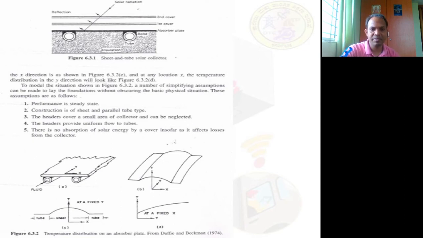This is the fluid which is making an entry. This is the x, and this is the y direction. If you see this in the x direction, this is how the heat is carried out, whereas in the y direction, this is how the analysis is done. Temperature distribution on any other plate from the diffuse and matte.